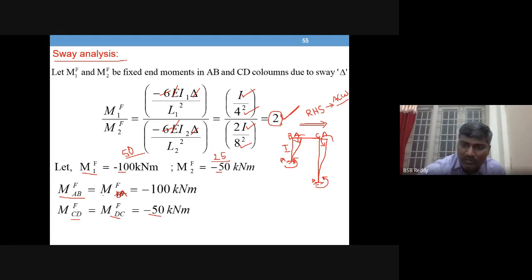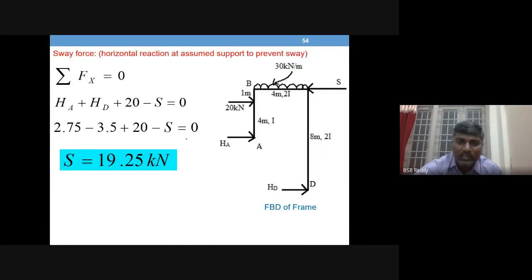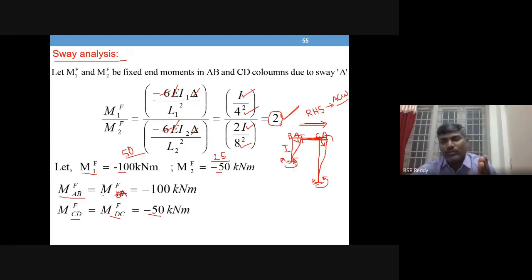Before sway and after sway, it is straight. The beam will not participate in the sway phenomenon. Why do we have negative values? Because the sway is towards the right, the moments developed are anti-clockwise. That's why all are negative values.